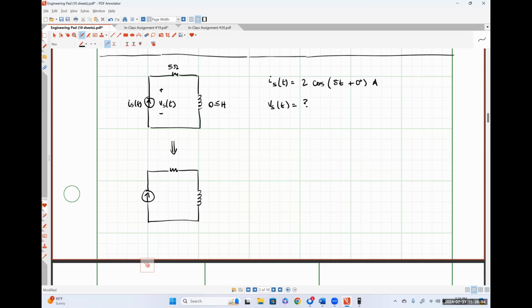So what would the phasor equivalent of 2 cosine 5t plus 0 degrees be? Is it not just 2 angle, and then 0 degrees? It is indeed just 2 angle 0 degrees. What is the impedance of the 5 ohm resistor?